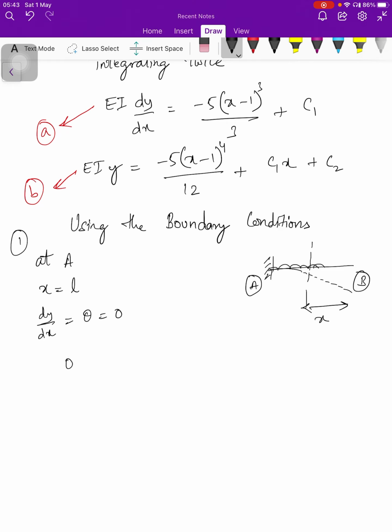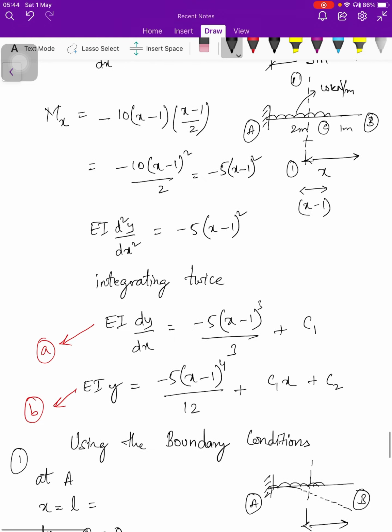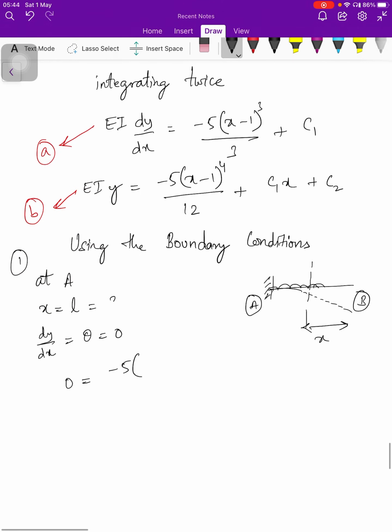It is 0 is equal to, this is to be substituted in equation A, minus 5 into, where L is equal to the length of the beam, which is 3 meters, minus 5 into (3 minus 1) whole cube by 3 plus C1.